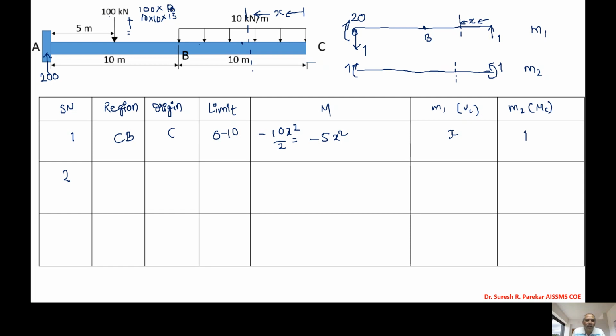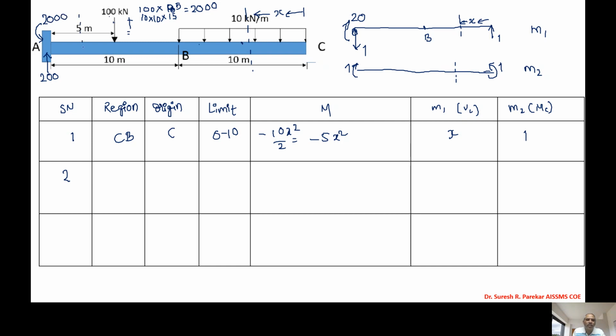Sorry, this is 100 into 5 because we have 100 into 5 due to this. So we have 1500 plus this 500. We will get it as 2000. And we have clockwise, so the fixed end moment we will get anti-clockwise, which will be 2000.